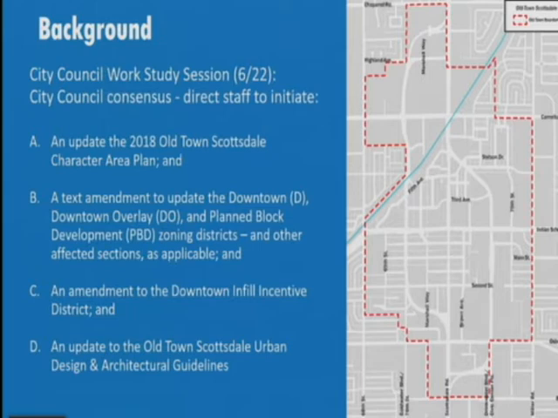And so this evening, staff is bringing forward some consideration for council to initiate an update to that 2018 Old Town Plan, as well as an associated text amendment to the downtown overlay and plan block development zoning districts and any other affected sections as applicable, an amendment to the downtown infill incentive district, and finally some direction to staff on an update to the Old Town Scottsdale urban design and architectural guidelines.